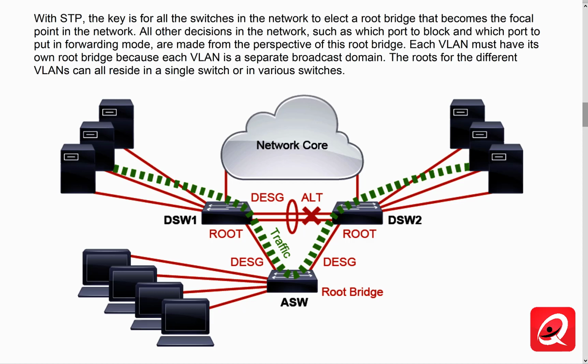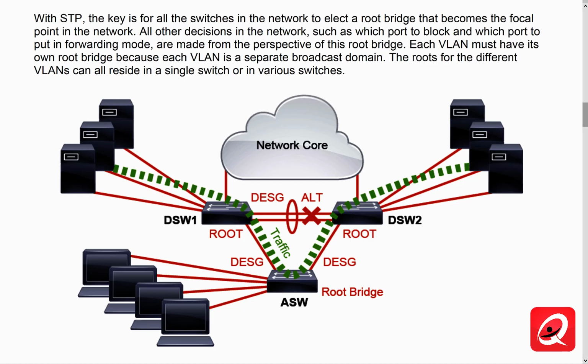But the idea is that we are identifying in our environment who's going to become the root, because we want to make sure that we understand what the overall topology is going to look like. Okay? It has to be a predictable and identifiable topology. Oftentimes, you have to troubleshoot traffic flow in the network. If you don't understand what the spanning tree topology looks like, it makes it extremely difficult to be able to identify how traffic is flowing through the network. All right?